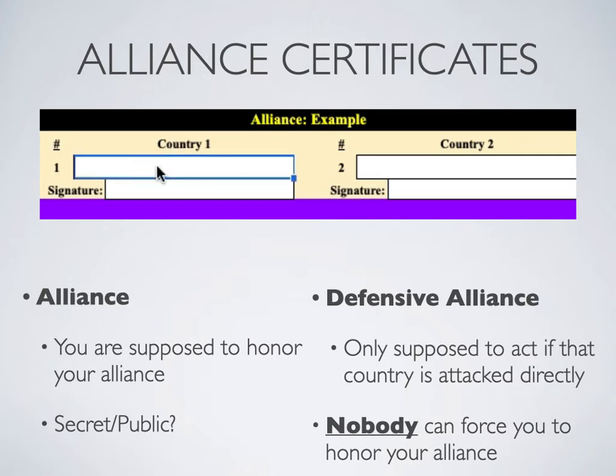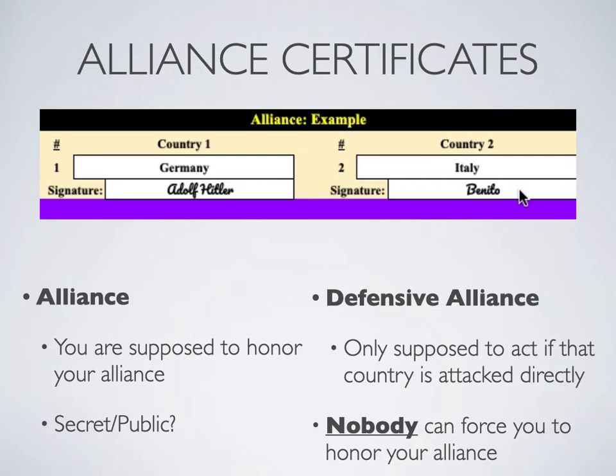Our first country is going to be Germany, and that'll be signed by Adolf Hitler. In actuality, it'll be, of course, the president of whoever is Germany. And then Italy, and that'll be signed by Benito. And that's how you make an alliance on the online document.